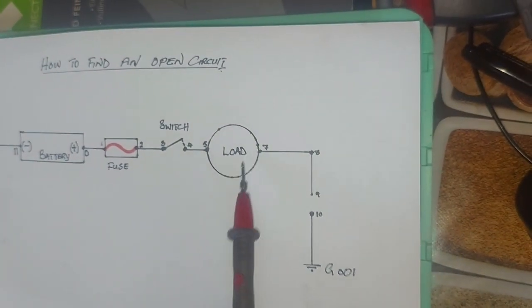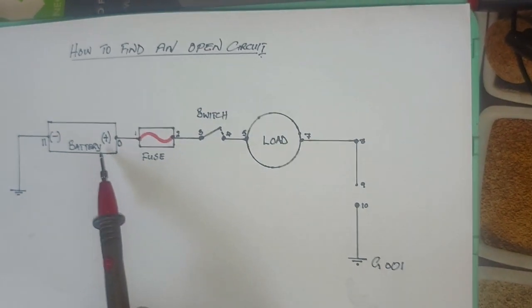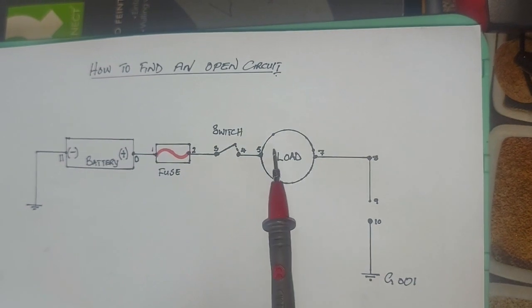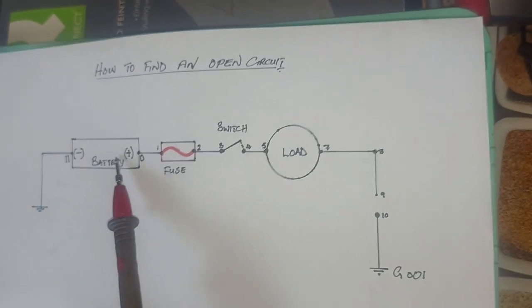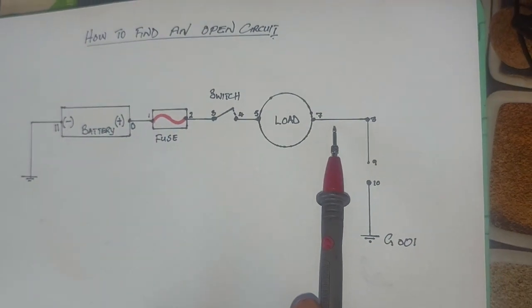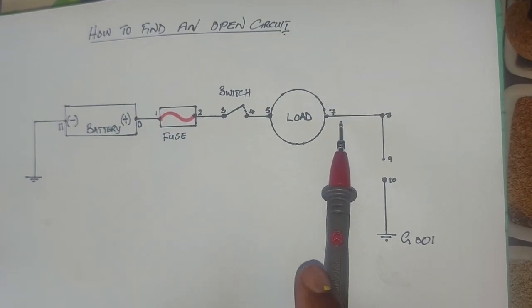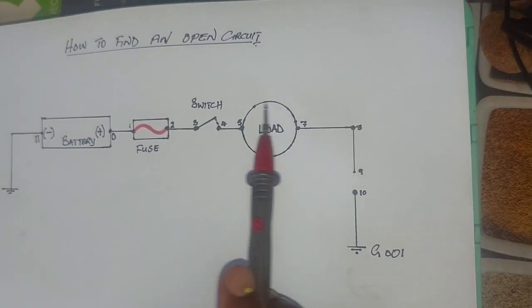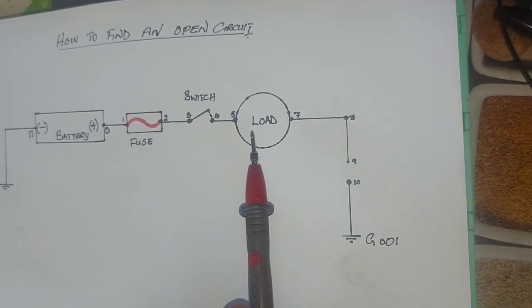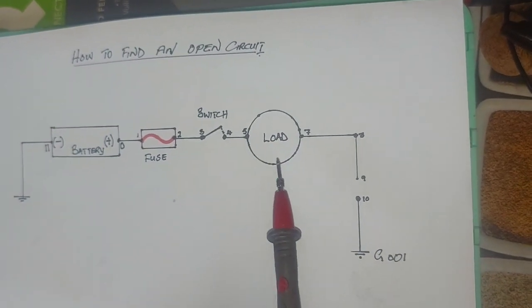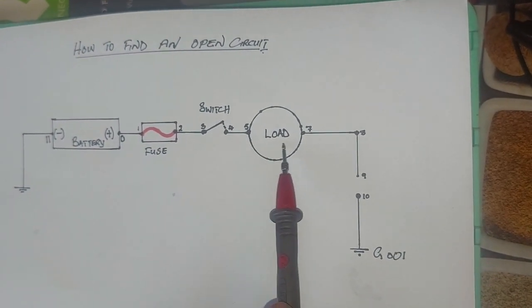The purpose of the load is to consume this battery voltage. Okay, it has to consume it all. So if we have 12 volts in here, we should have 0 volts this side. If you see 4 volts on that side, it means something is wrong with our load. Something has gone wrong. The purpose of the load is the resistance that is in here.